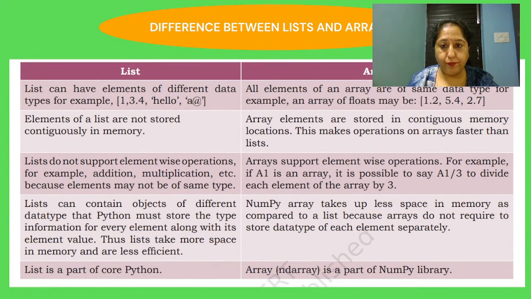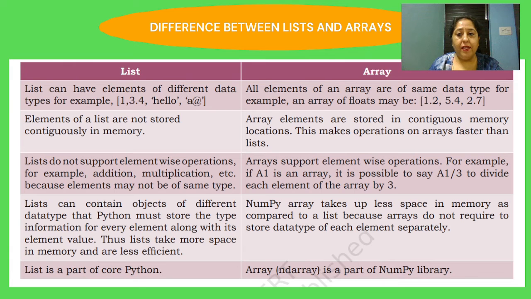Now, let us see here. These are the differences which one should know before starting with the NumPy arrays. Number one, list can have elements of different data type. In one single list, you may have integer value, float value, as well as string value.